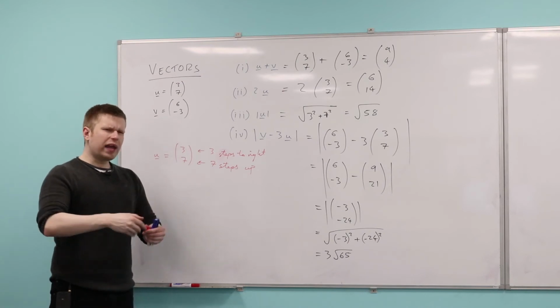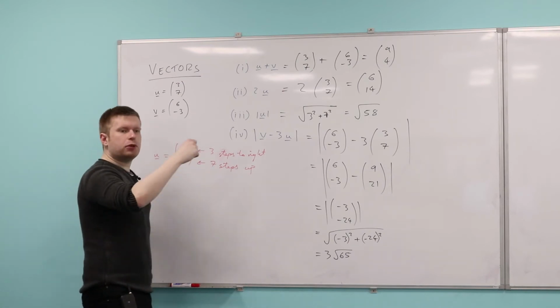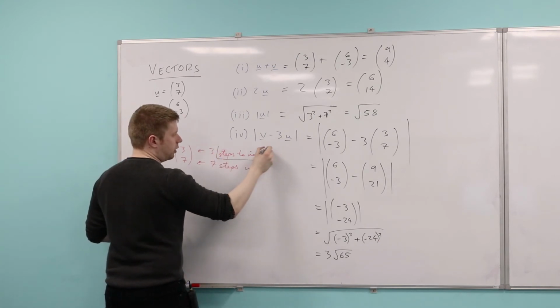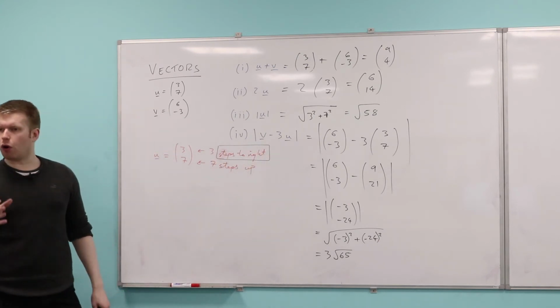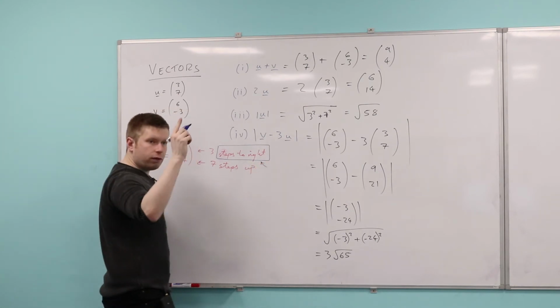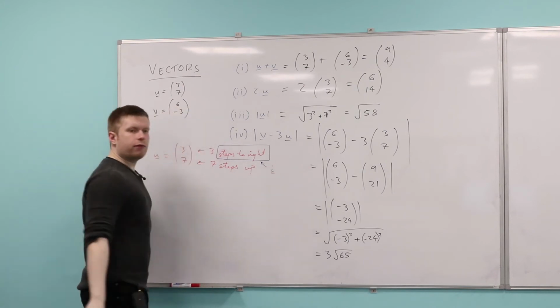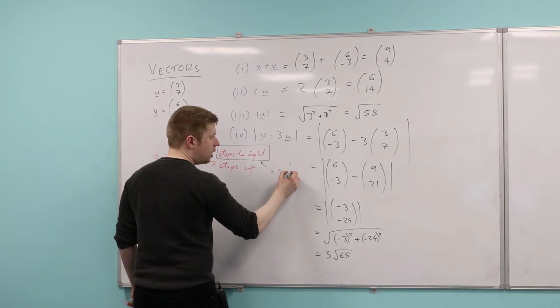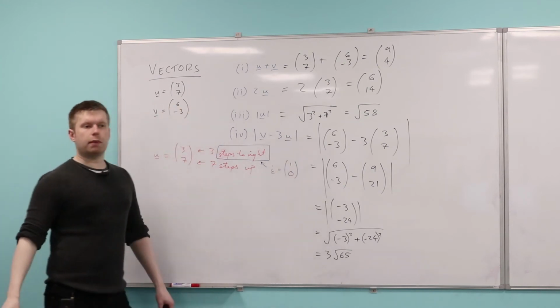Okay. Now, you're literally already thinking of this in terms of steps. So why not, instead of saying steps to the right, write that as one vector? Why don't I give that a name? So one step to the right, why don't I call that vector i? So vector i is just simply one step across and no steps up.